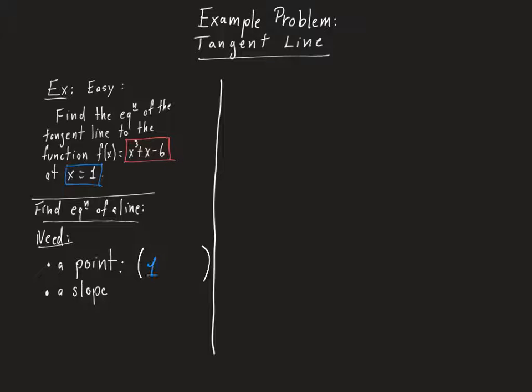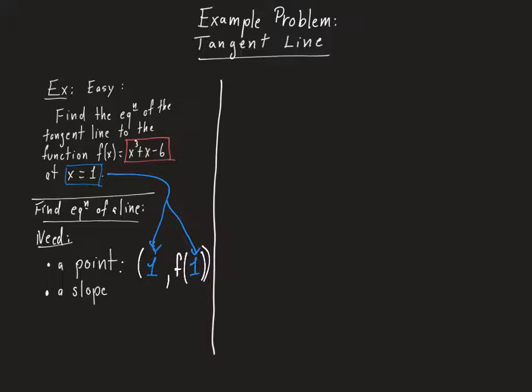The point is always going to be, in this case, 1. I'm putting that in blue because that information might change. It's worth putting a little arrow here. Since we're looking at the point when x equals 1, we want x to be 1 in this point. And then the y value is going to be f of 1.